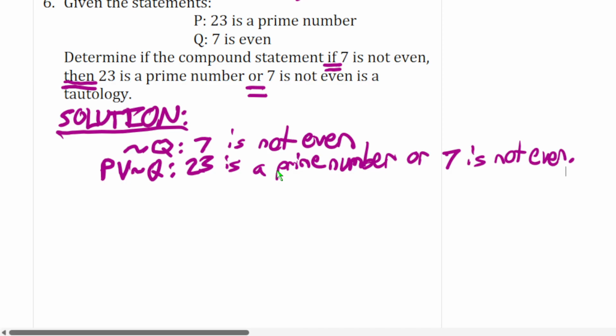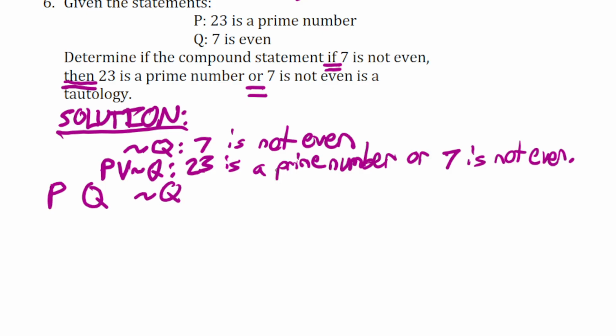So what we need to do is construct a truth table to determine the truth value of this statement and if it's a tautology. Now, there's not a lot of columns for this one, so I'll just write it out.